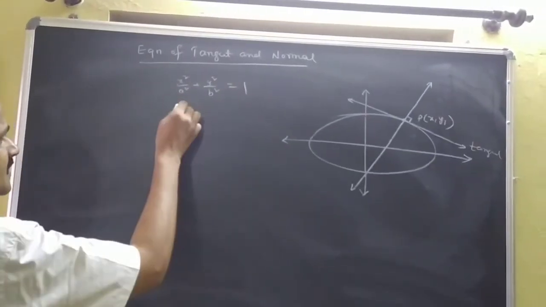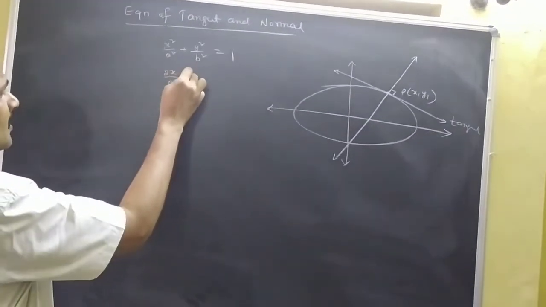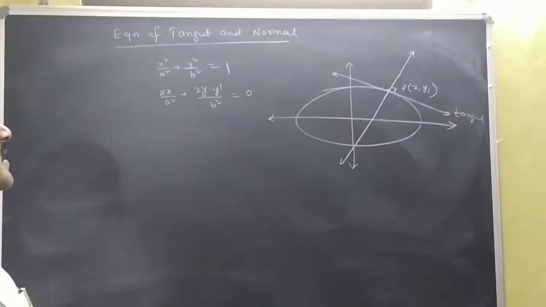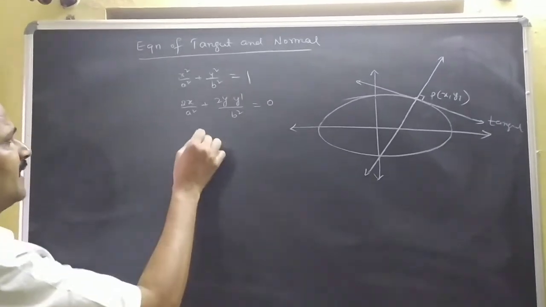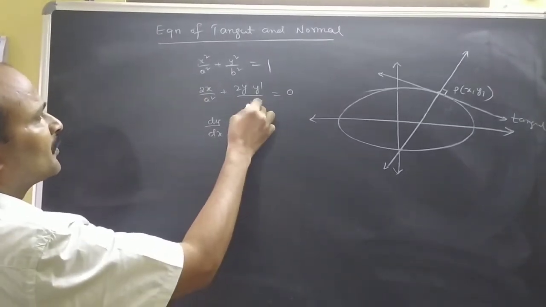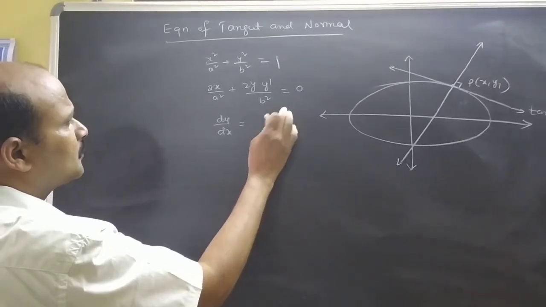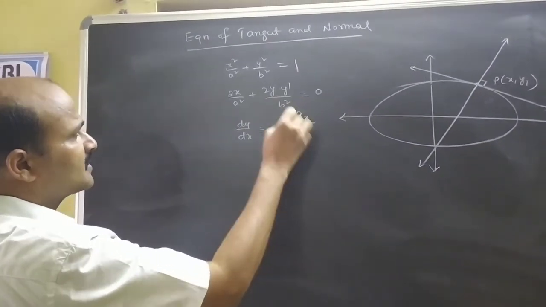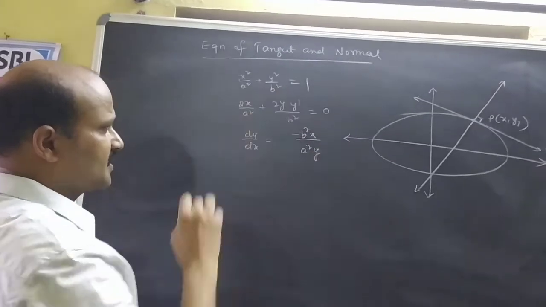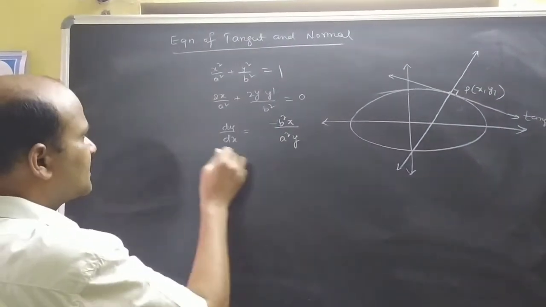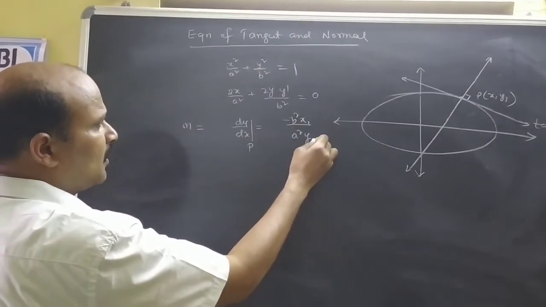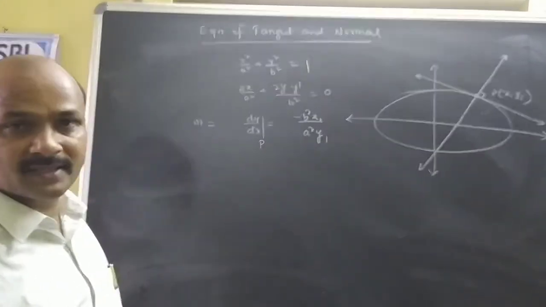So for finding the slope of the tangent, we differentiate with respect to x: 2x/a² + 2y·y'/b² = 0, where y' means dy/dx. So dy/dx = −b²x/(a²y). So m = dy/dx at the point P is −b²x1/(a²y1).